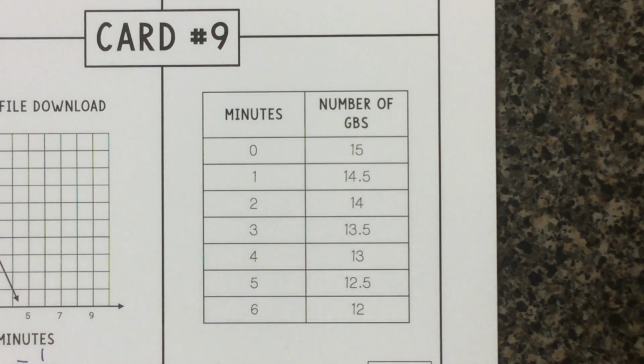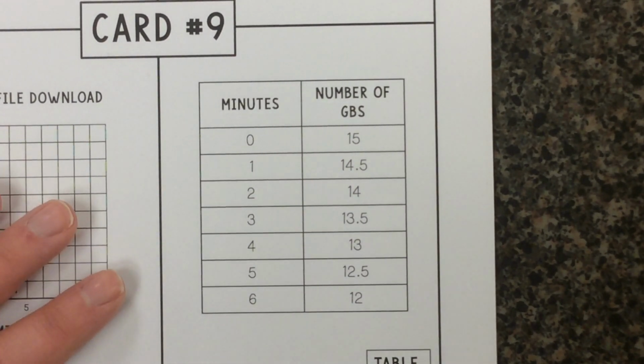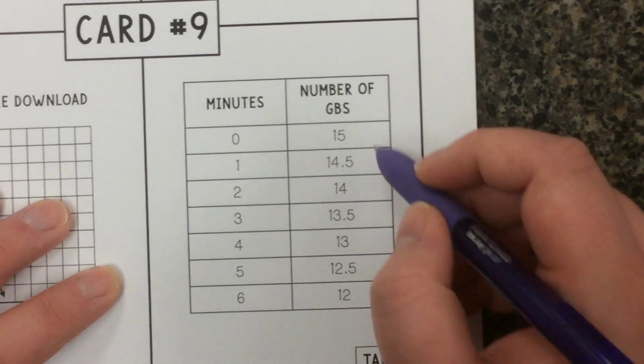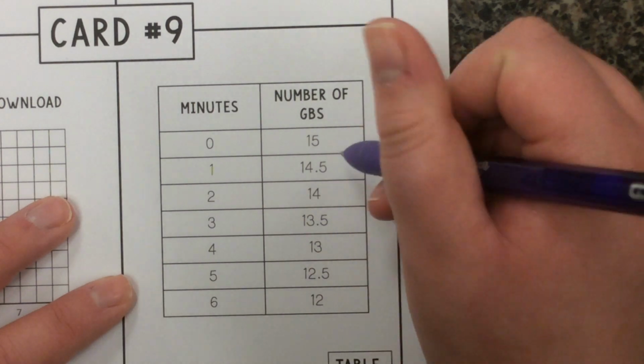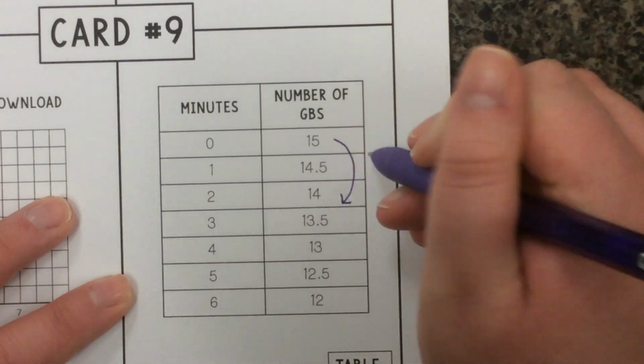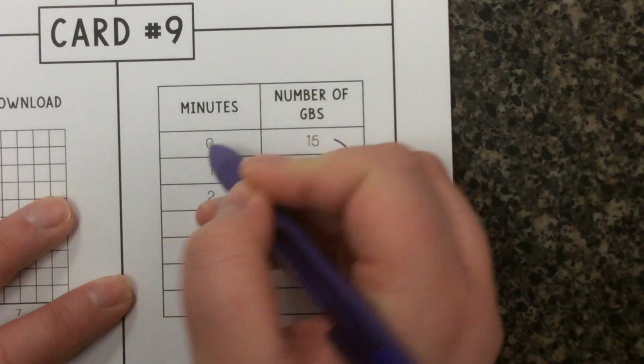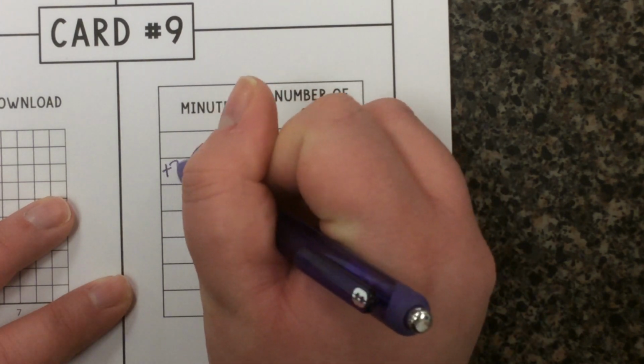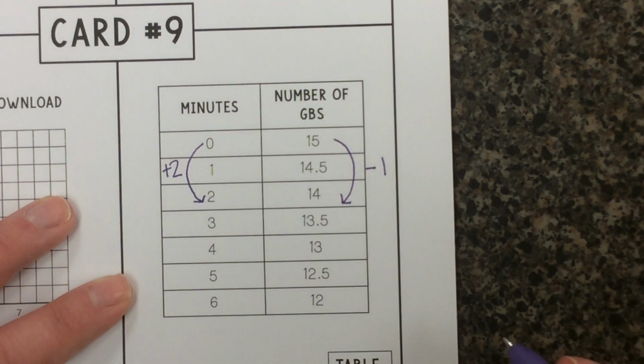And then lastly here, we want to use our table to see if we are going down every minute. So I'm going to use 15 to 14. I subtract 1. 0 to 2, I add 2. Minutes is still my x.